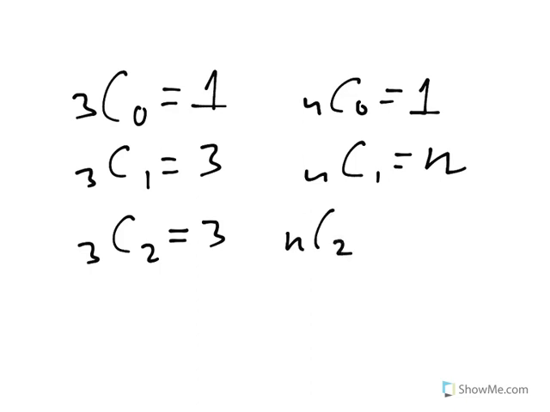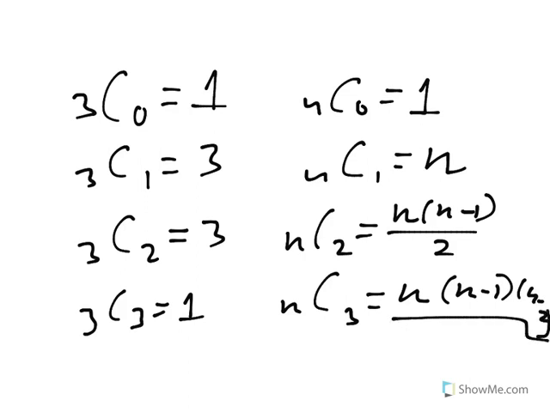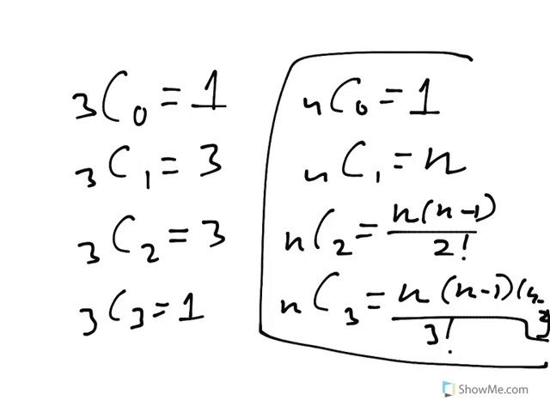For nC2, the formula, when I simplify it, is n times n minus 1 over 2. And 3C3 is 1, but the general formula for nC3 is n, then you go down by 1, then you go down by 2, and in the denominator you don't put 3, but you put 3 factorial. And these 4 facts are going to come in handy.